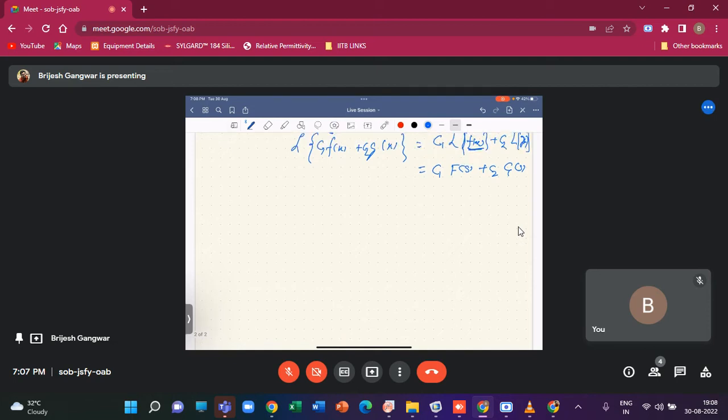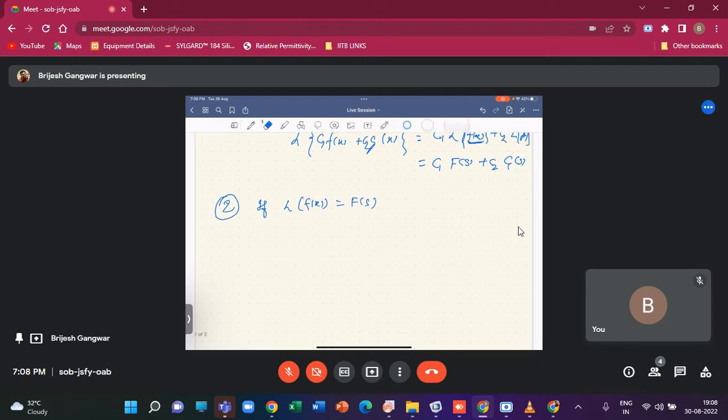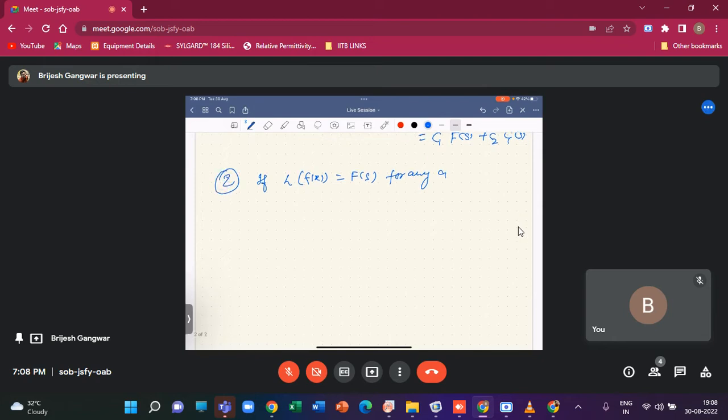Next is, if we have the Laplace of f(x) equal to F(s), then for any constant a, what is the Laplace transform of e to the power ax times f(x)?